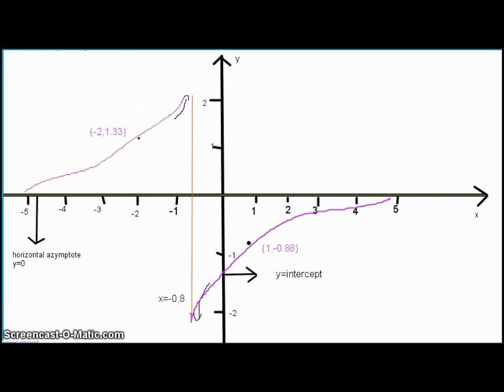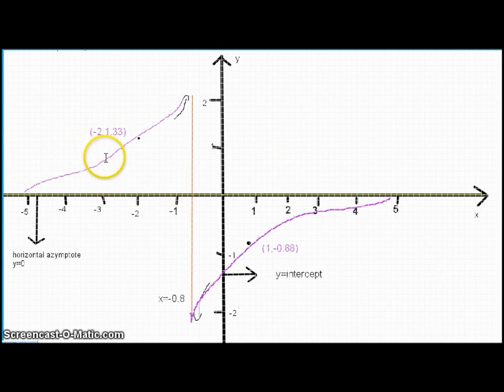We draw our axes: this is the y-axis and this is the x-axis. This red line is our vertical asymptote, and the yellow line is our horizontal asymptote, y equals 0.